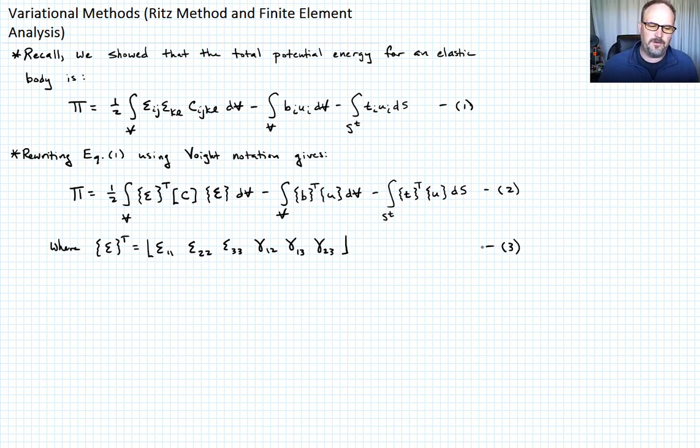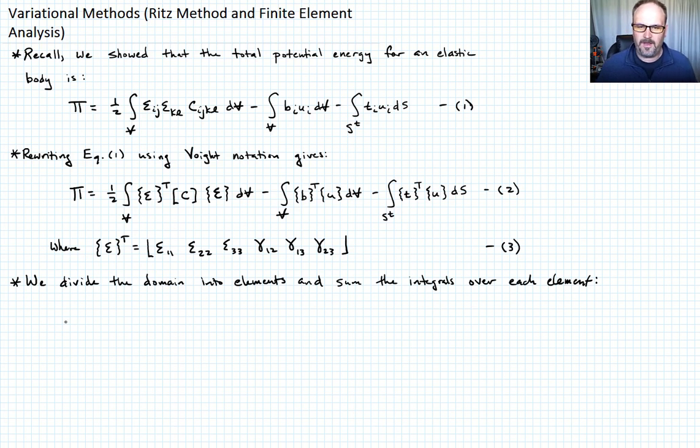So now what I'm going to do is basically divide the domain of whatever this elastic body is up into elements, and break this integral up into a sum over the elements. Okay, so what we'll have then is pi, and I'll still have my 1/2 here. I'll have a summation going from i equals 1 to n, where n is the number of elements.